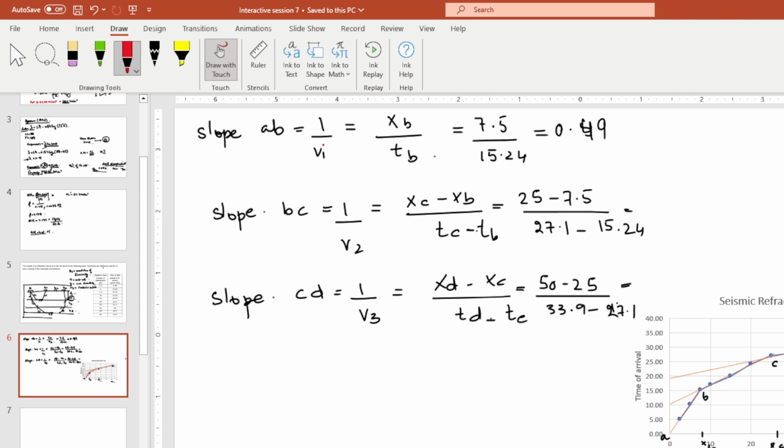So our V1 will be 2.032, but into 10 to power minus 3.